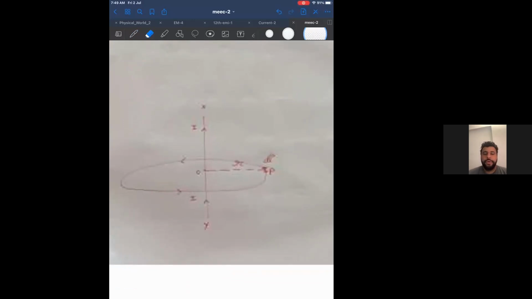Wait, what have we written last? XY, correct? Below that right now. To satisfy Ampere's law, we assume point capital P is a part of an imaginary circle.